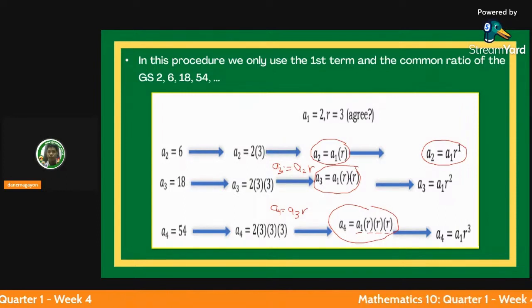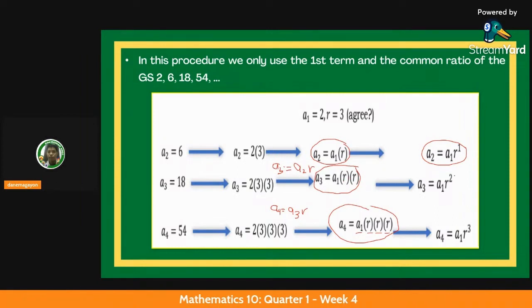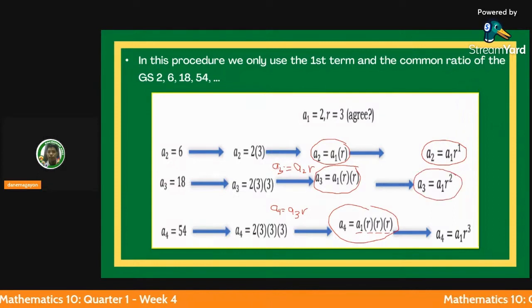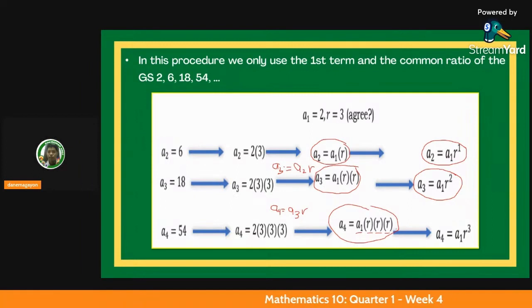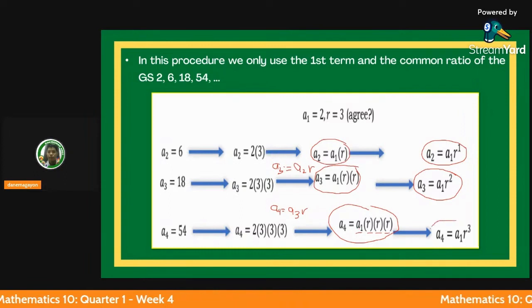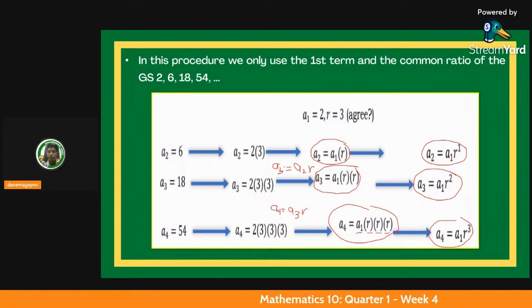Diba, same way siya, copy yung r, and then we simply add their powers to 1 and 1 to get r squared. Meron tayong a sub 3 is equal to a sub 1 times r raised to 2 or r squared. For a sub 4 naman, we have a sub 1 and then tatlong r, so we have a sub 4 equals to a sub 1 times r cube or r raised to 3.